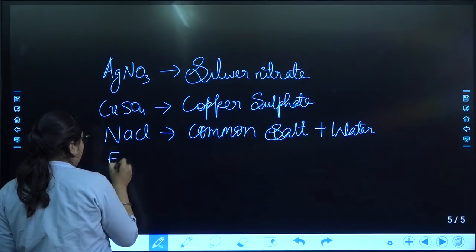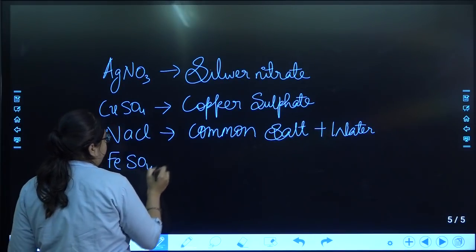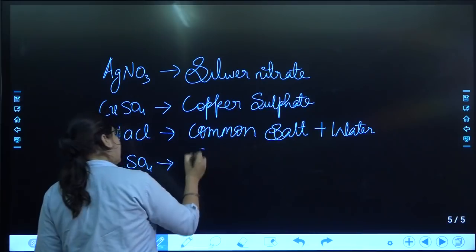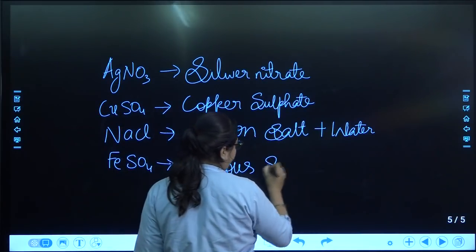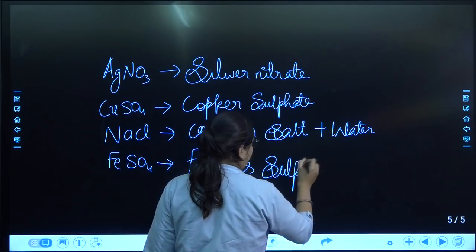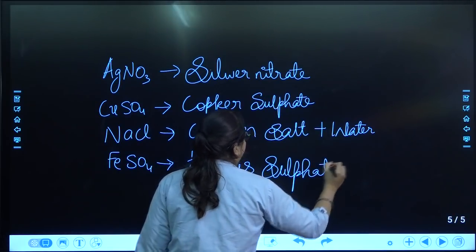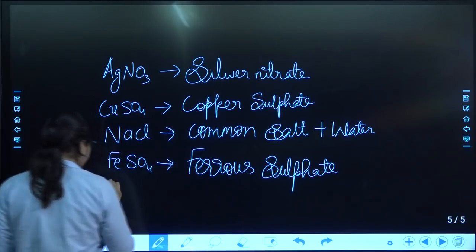Then FeSO4, that is ferrous sulfate. Then potassium ferrocyanide.